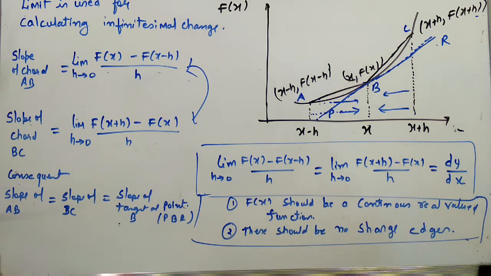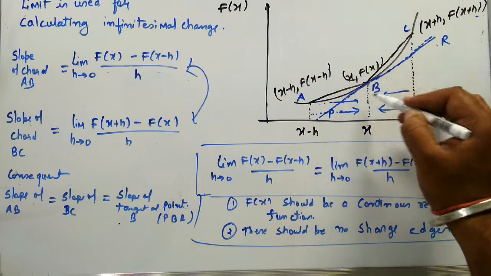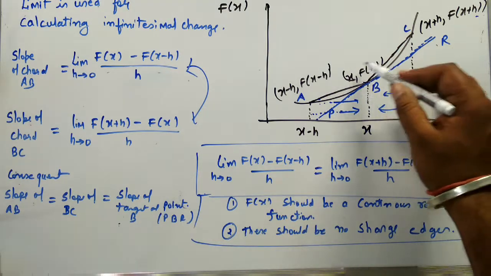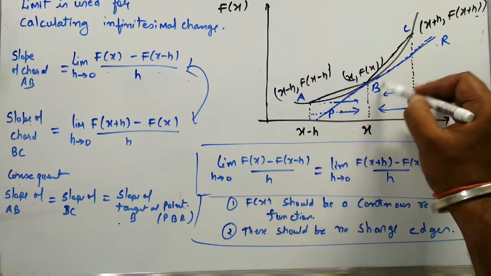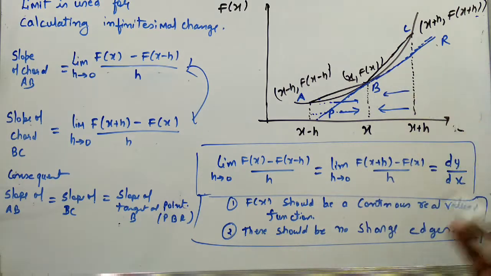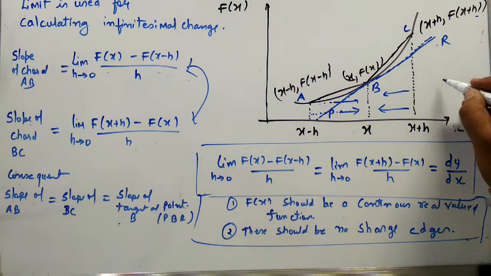If we are going to calculate the differentiability of a function at point B, then at point B the function should be a continuous real function. Continuous means there should not be any loophole or any breakpoints.